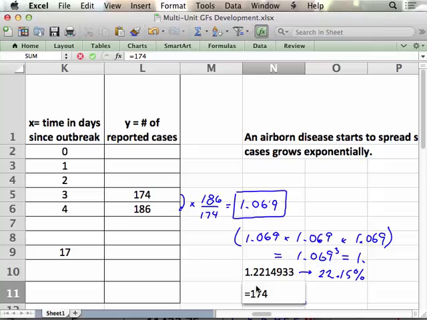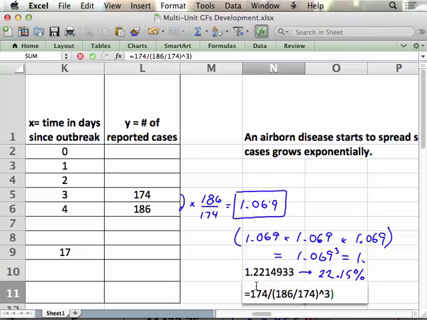There are others. So 174 divided by this number, 186 divided by 174, and that 3 times.